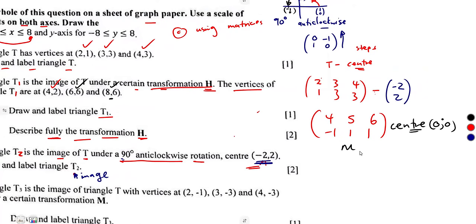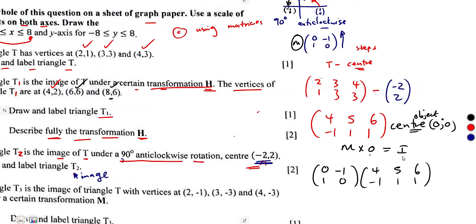So we can use the concept matrix times object to give us the image, where this is our matrix. We're going to take that matrix 0, 1, minus 1, 0 times the object at 0, 0. This is our object: 4, minus 1, 5, 1, 6, 1. We are going to obtain the image at 0, 0.